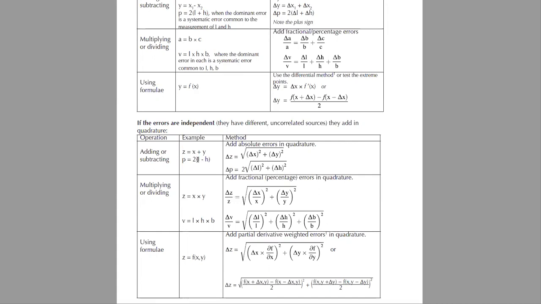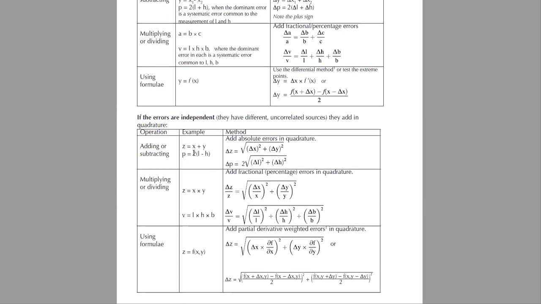Suppose a quantity x has a probable error of delta x and y has a probable error of delta y. So what will happen if we add them or subtract them? The probable error will remain the same whether we are subtracting or adding them. Similarly, whether we are multiplying or dividing them, the ratio of error to the value will remain the same.